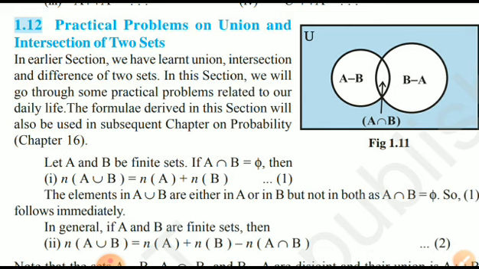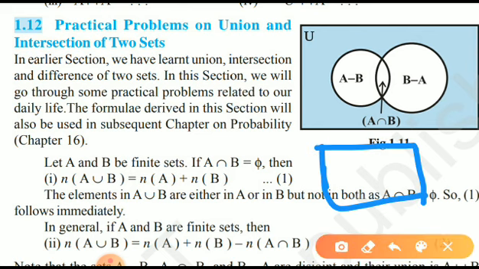Next, we had seen disjoint sets. What was a disjoint set? Two sets are said to be disjoint only if they have no common element. That means the two sets will be separated. In that case, what will be n of A union B, the number of elements of A union B? This will be my A and this will be my B. So the number of elements of A union B will be the number of elements in A plus the number of elements in B. Is there any common thing?